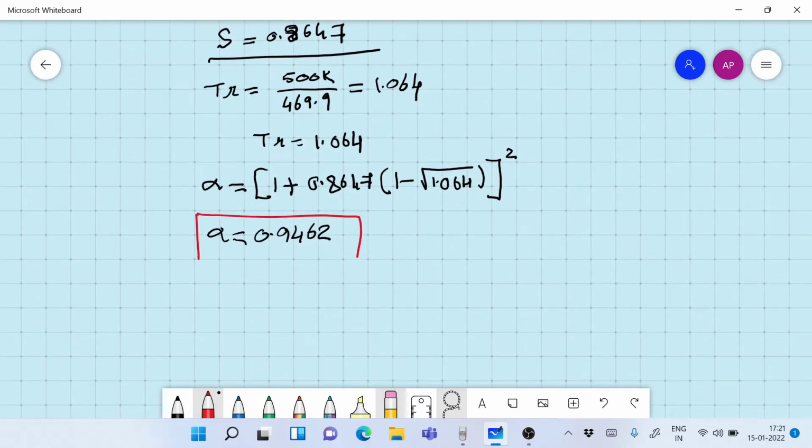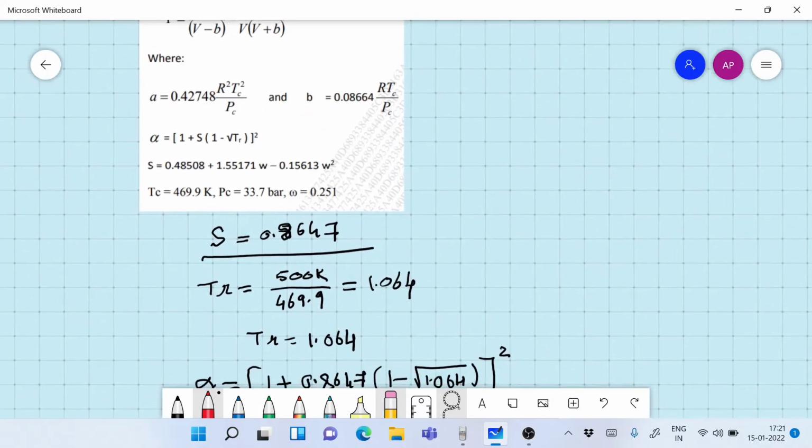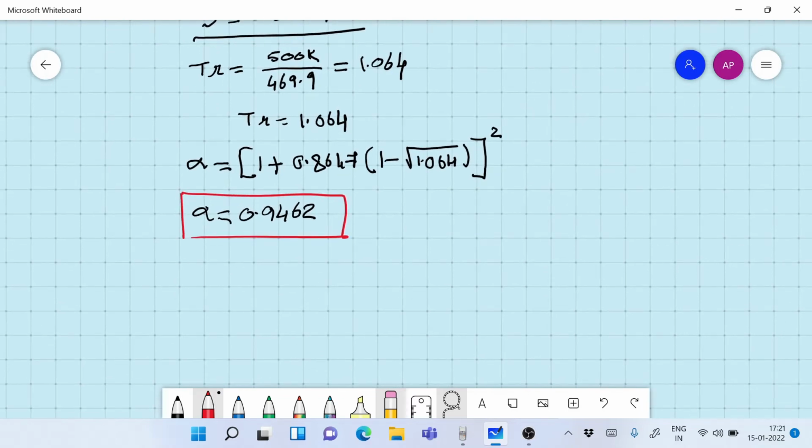So this is where we start our real calculations from. We have the value of alpha. Now we need to only calculate A and B. Mind you, choosing the value of R is very important here.